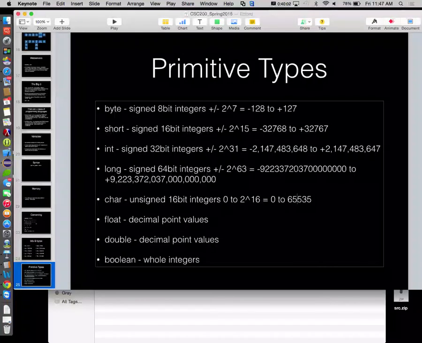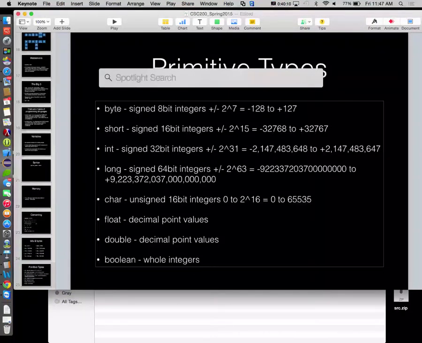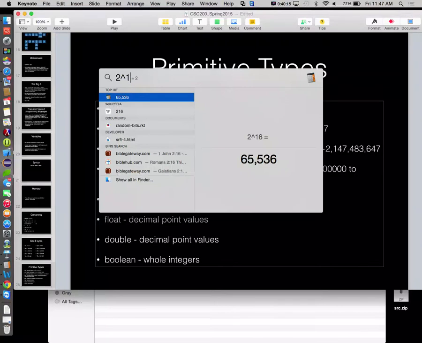Okay, there's no sign, so it's assumed to be positive. Did I do that right? 2 to the 16th should be 65,536. Yep, okay, good.